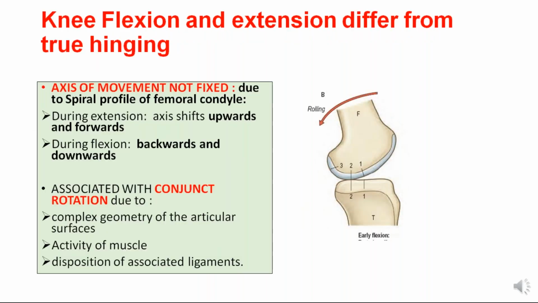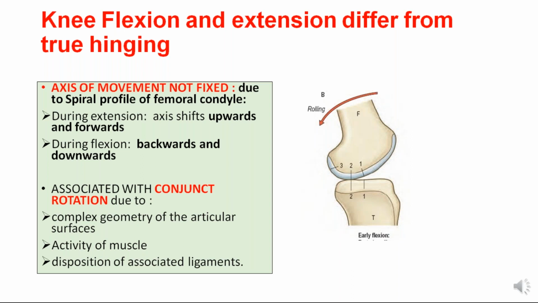The flexion and extension happening at the knee joint are a little different from the hinging movement of flexion and extension at the elbow joint. So how is it different from a true hinging movement? The axis of flexion and extension is not fixed. Why?